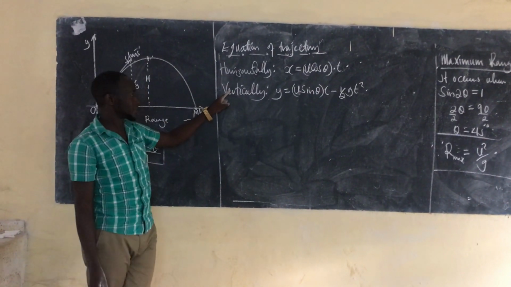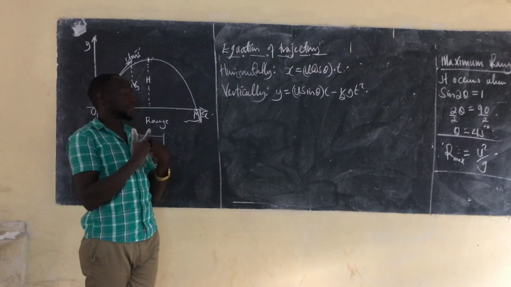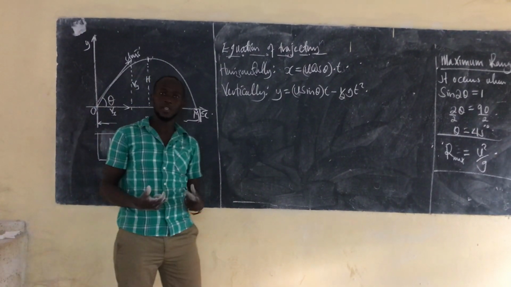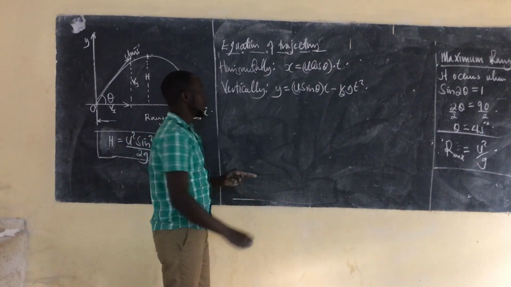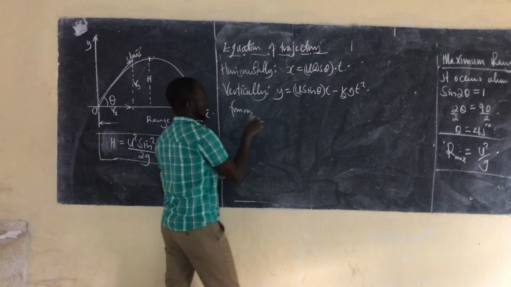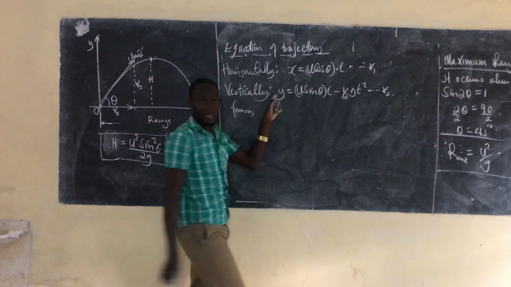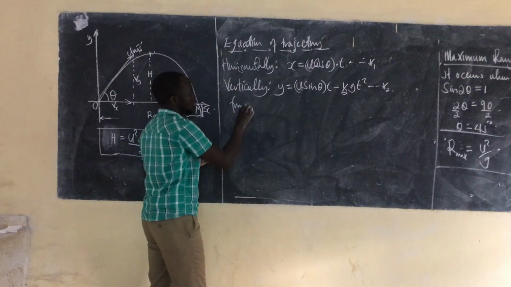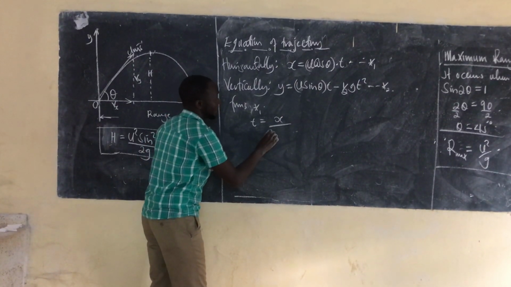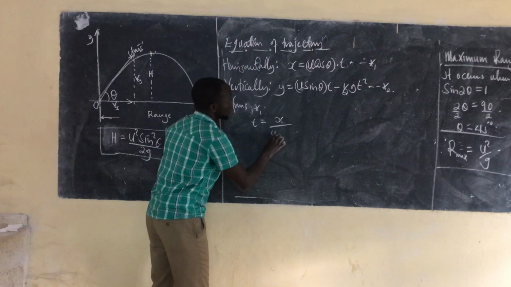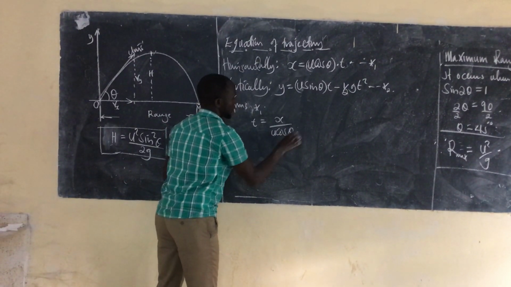These are the two distances, both horizontal and vertical. When you have the two distances, a combination and substitution into one of them leads to getting the equation of the trajectory. When you look at the first equation, the horizontal, if this is, for example, 1, and this is 2, we shall have from 1, t is equivalent to x out of u cos of theta.